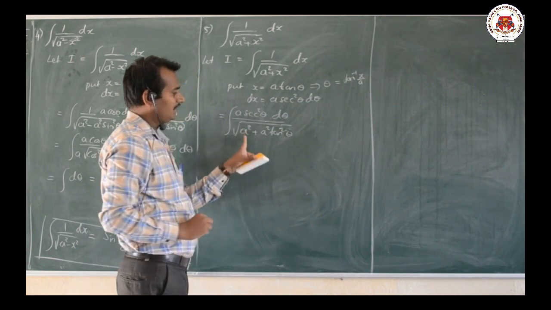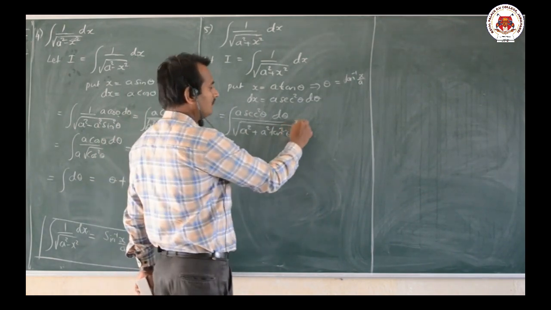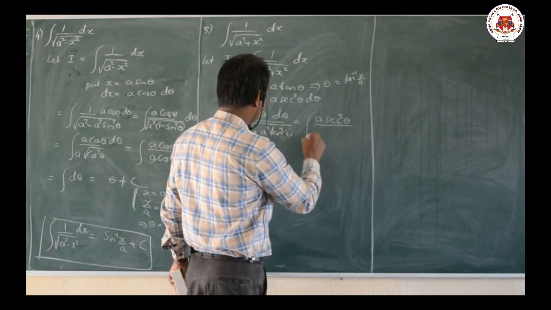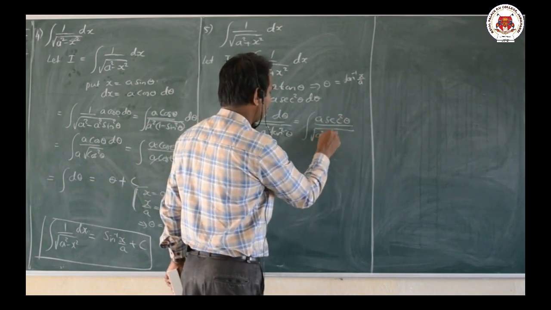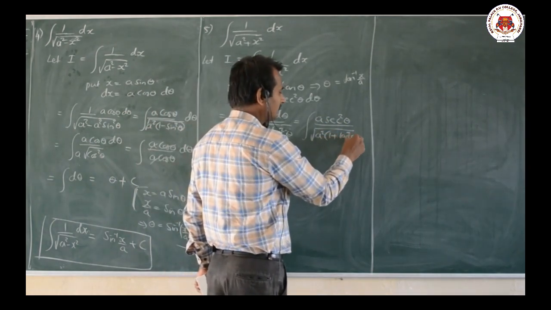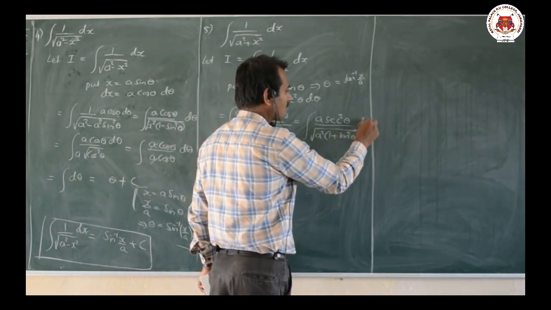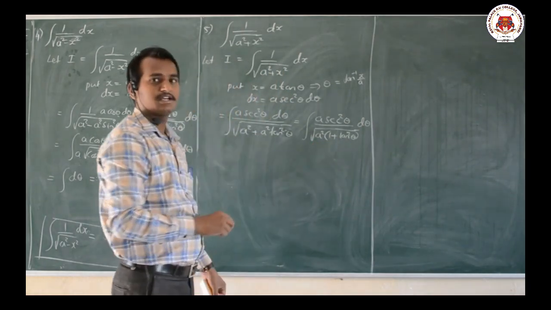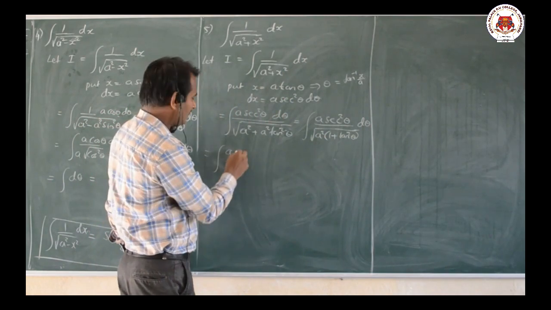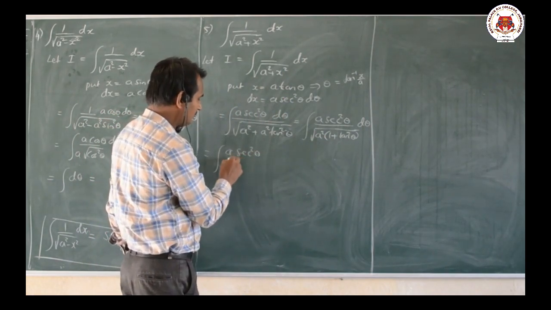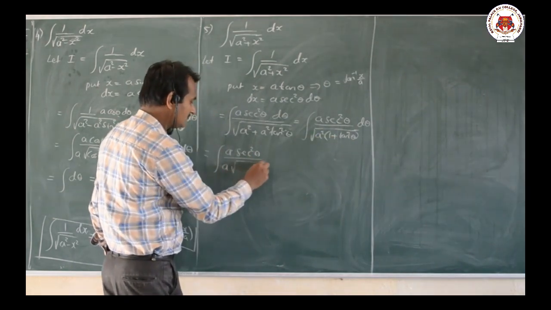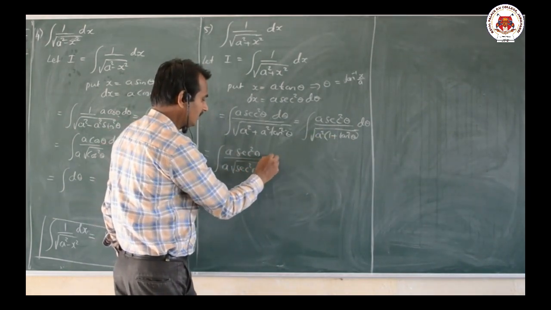Now here you can take a square common, which is equal to integration of a secant square theta divided by root of a square into 1 plus tan square theta, into d theta. 1 plus tan square is secant square, that we shall substitute, so a secant square theta whole divided by a, I will take outside, secant square theta d theta.